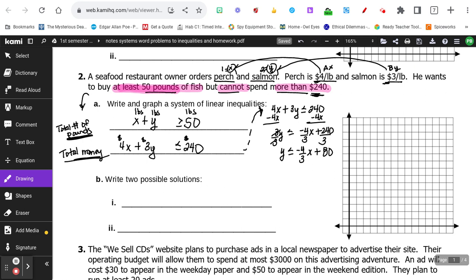Before I do this other inequality, I'm going to label my axes. X is going to be the number of pounds of perch. And Y was the number of pounds of salmon. Okay, so Y was pounds of salmon.